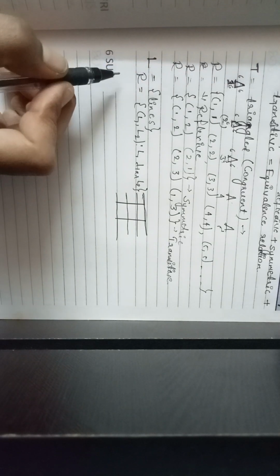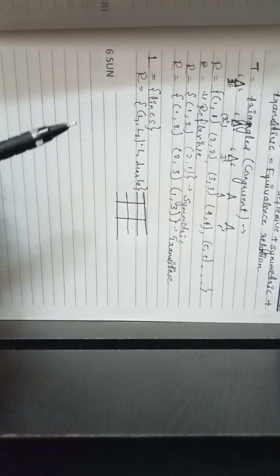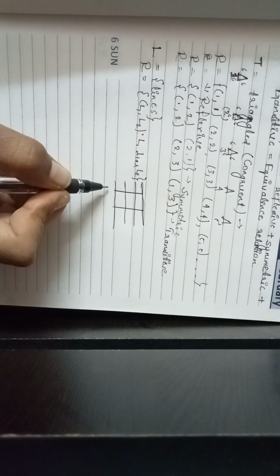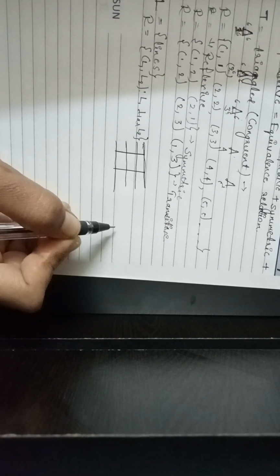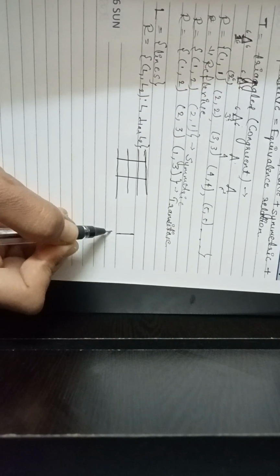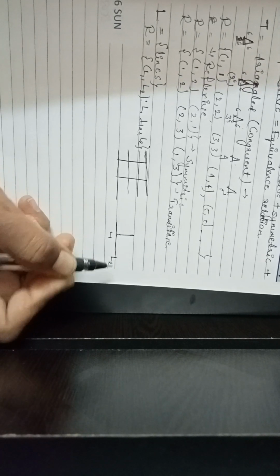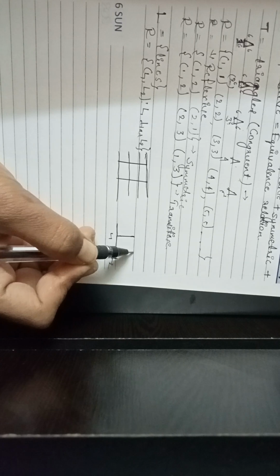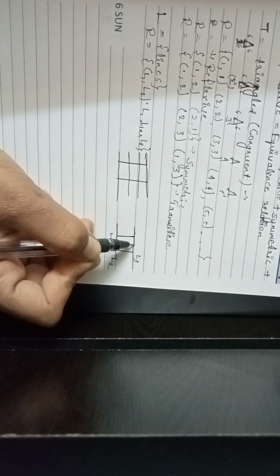Now I have to identify whether it is reflexive, symmetric or transitive. Let me take this one as L1 and this one as L2. This one again I'll take as L3 and this one as L4.